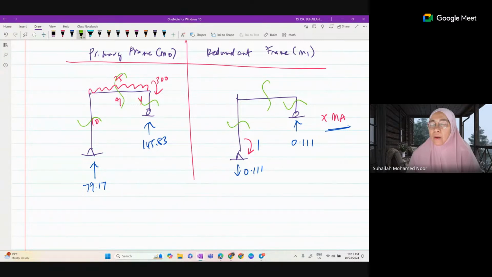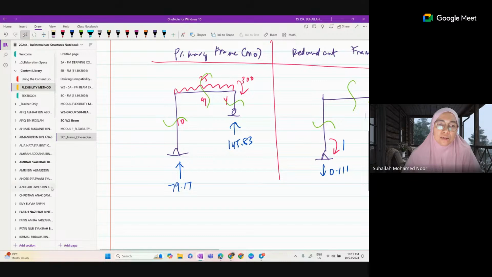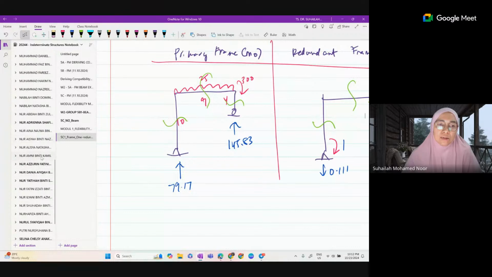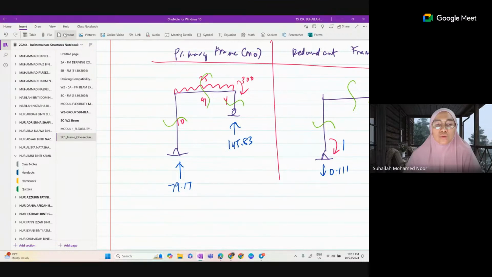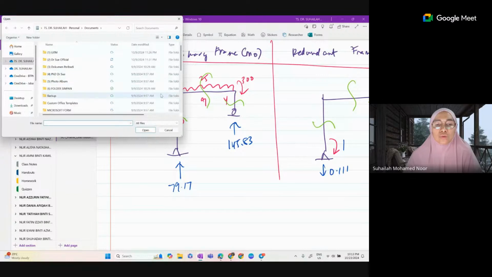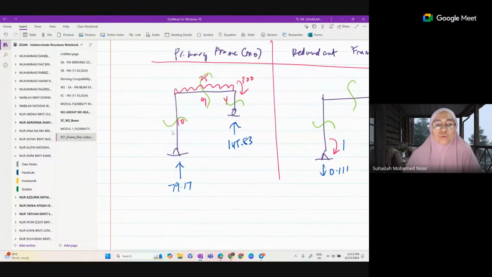Okay, the exercises that you do, please upload them into this OneNote so that I can check. You have your own folder where I can see everything. Please upload whatever exercise you do. If you want me to check whether the concept is right, you just need to insert a printout here, then upload the PDF file.